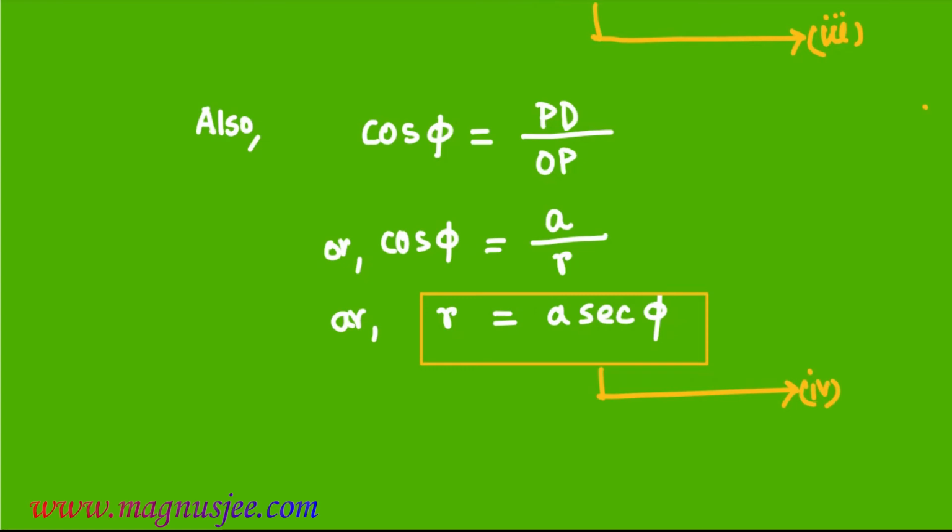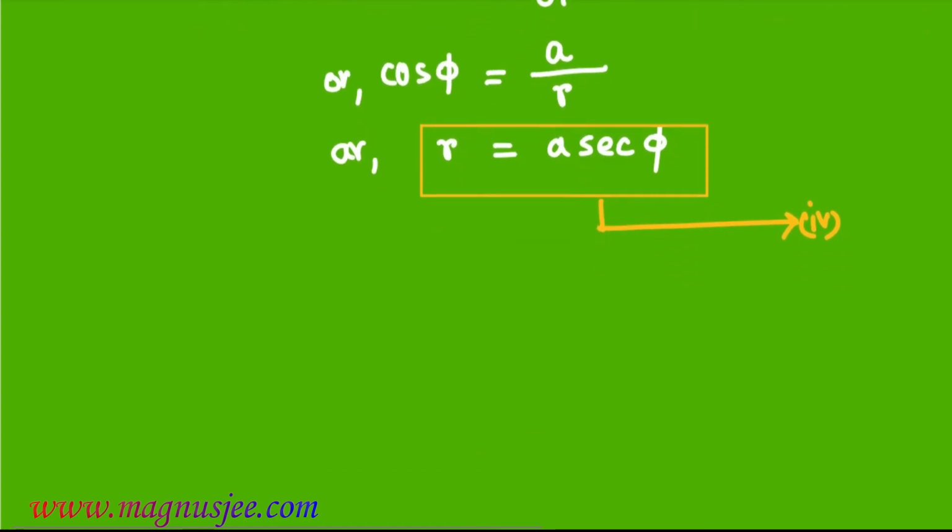So we get 3 equations, and we can put these equations 2, 3, 4 in equation 1 to find dB.